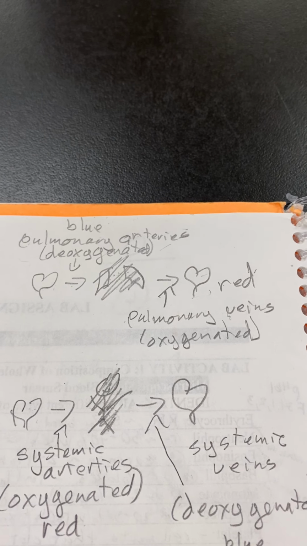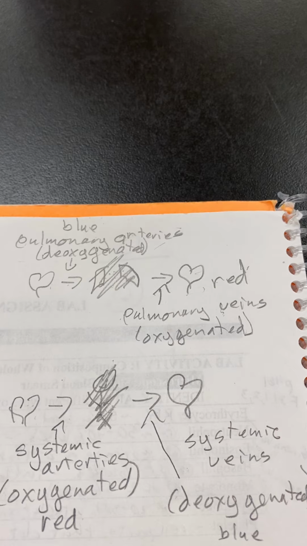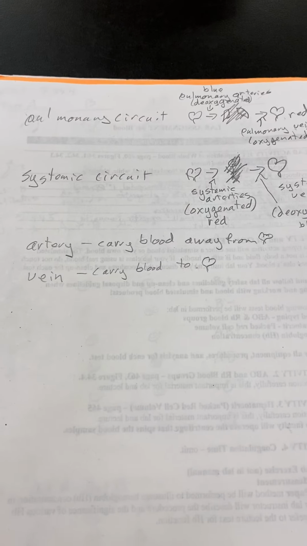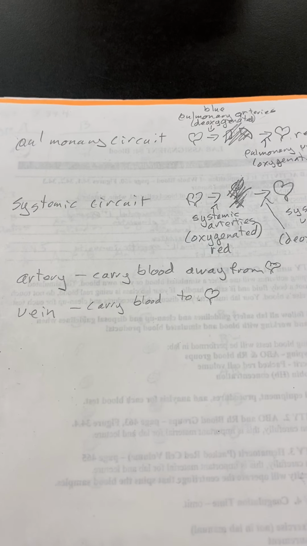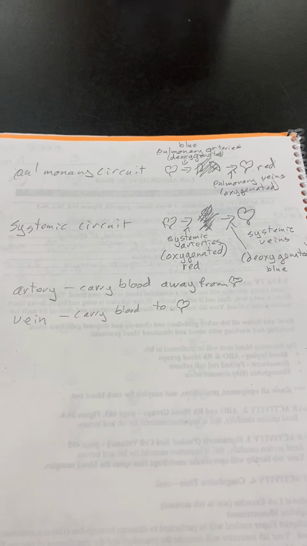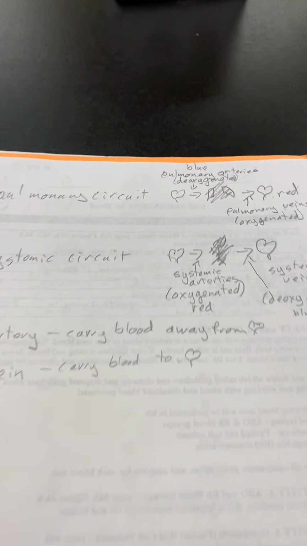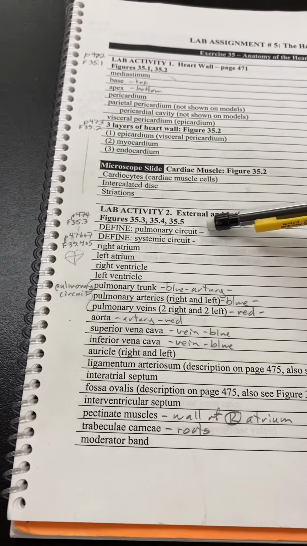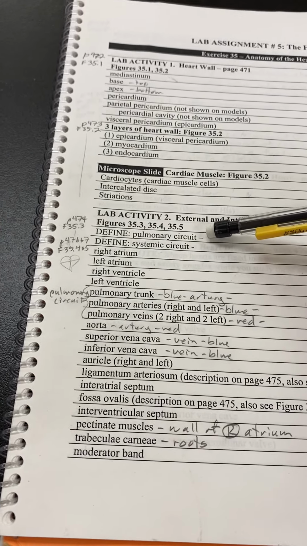The arteries are blue and the veins are red, because arteries carry blood away from the heart and veins carry blood to the heart. Okay. Back to our list. Pulmonary circuit, we know now.